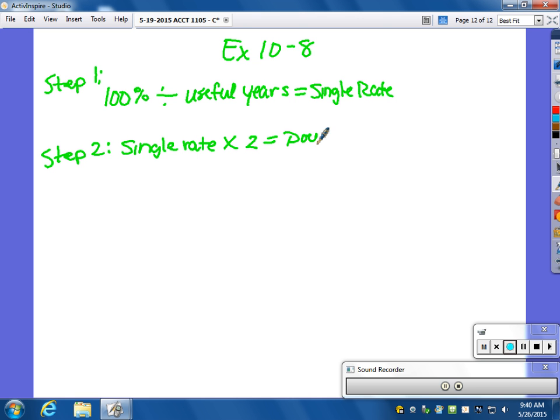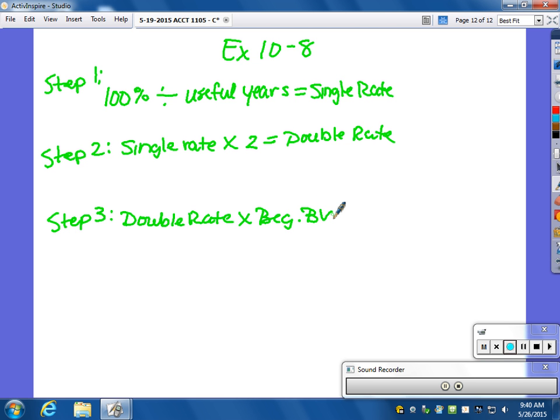And that's going to give you your double rate. And then after you get the double rate, the third step is for you to do what? The double rate times the beginning book value. Double rate times beginning book value.